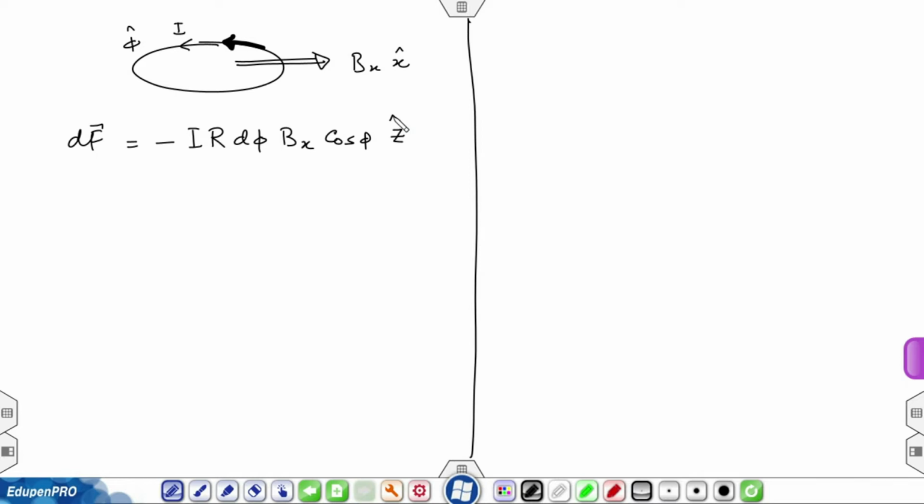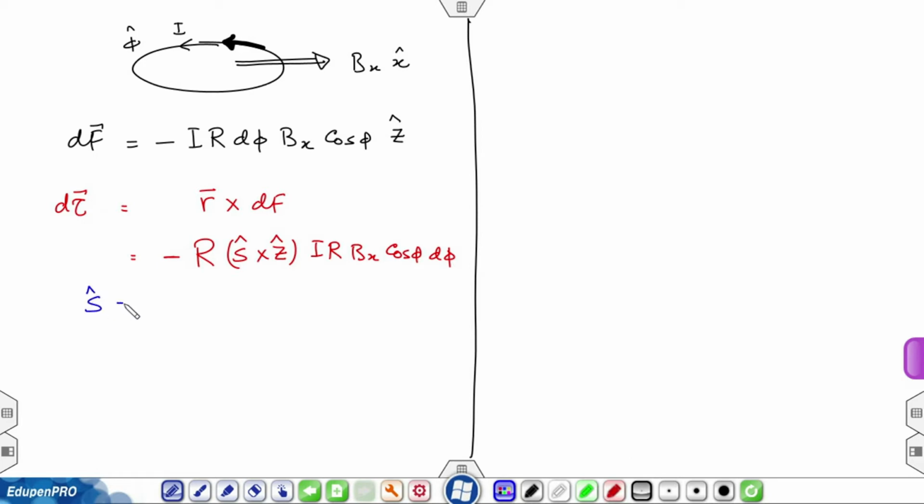The torque on this element, d tau, is going to be r cross dF, and r is in the s direction. So, this is going to be r s cross z with a minus sign in front, and I have I r Bx cosine phi d phi.